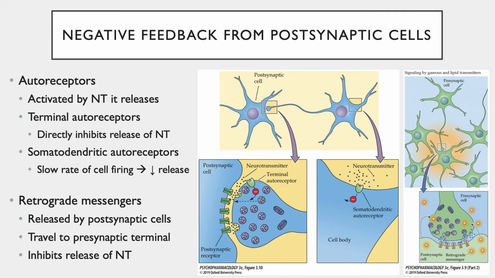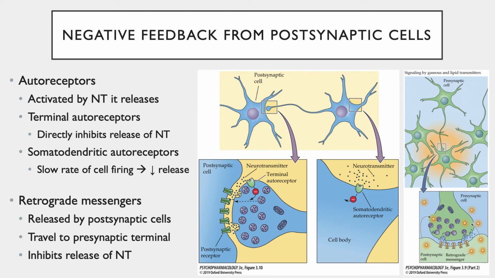There are two types of autoreceptors: terminal autoreceptors and somatodendritic autoreceptors, and they have slightly different functions. Terminal autoreceptors directly inhibit the release of neurotransmitters. So when they are activated, the terminal autoreceptor actually blocks that cell from releasing any more of that neurotransmitter for some period of time. Somatodendritic autoreceptors exert their effect by slowing the rate of cell firing, which ultimately leads to less release also.